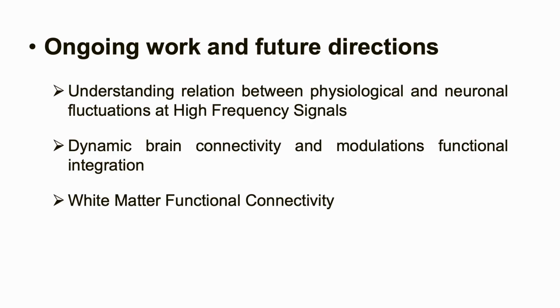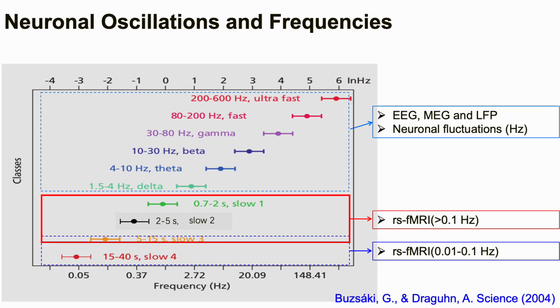So in the next part, I'll cover some of the work that we are doing. Most of the EEG data, electrophysiology data, is collected at a very high sampling rate of 100 Hertz or even higher.